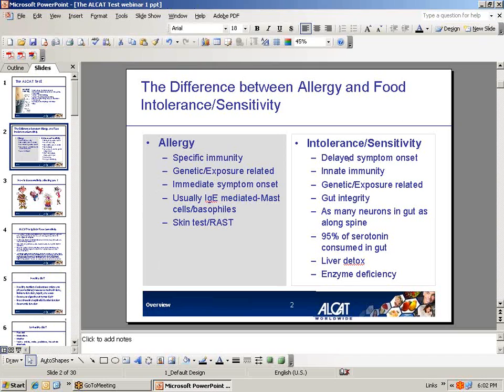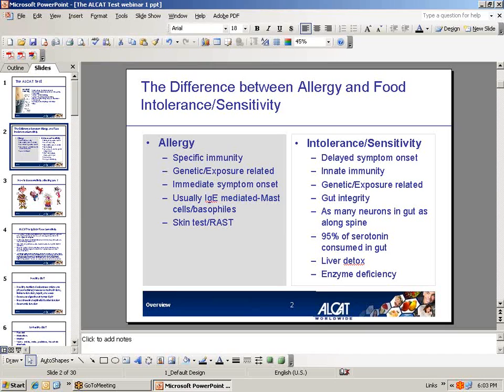As Lee said, we're going to be talking about the differences between allergy testing and food intolerance testing. In allergy testing, we're talking about IgG and IgE specific testing. IgE is the type of response that one gets when one eats peanuts or shellfish and has an immediate reaction that may be as mild as a rash or diarrhea, or as severe as a life-threatening reaction, and that is detected through IgE testing.